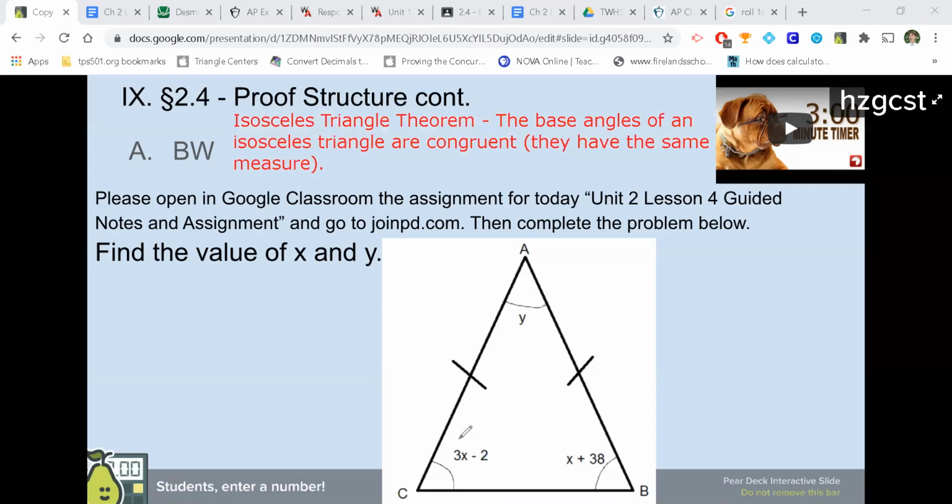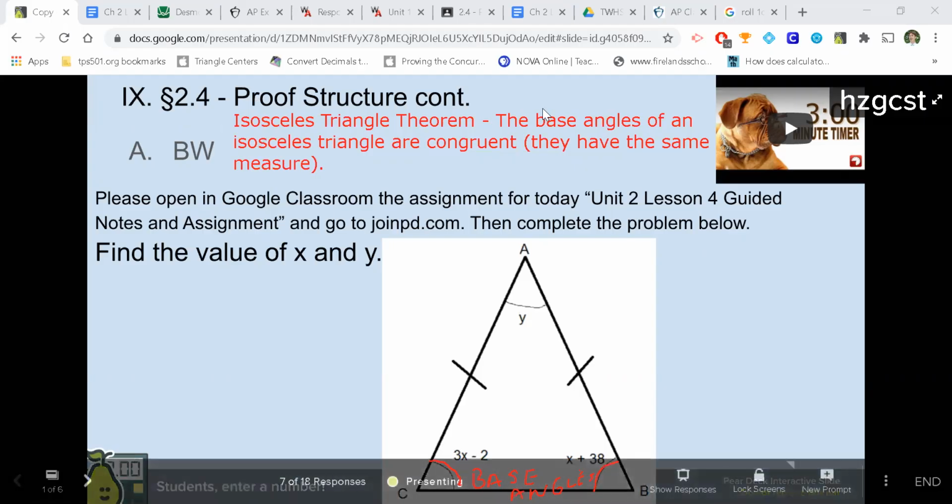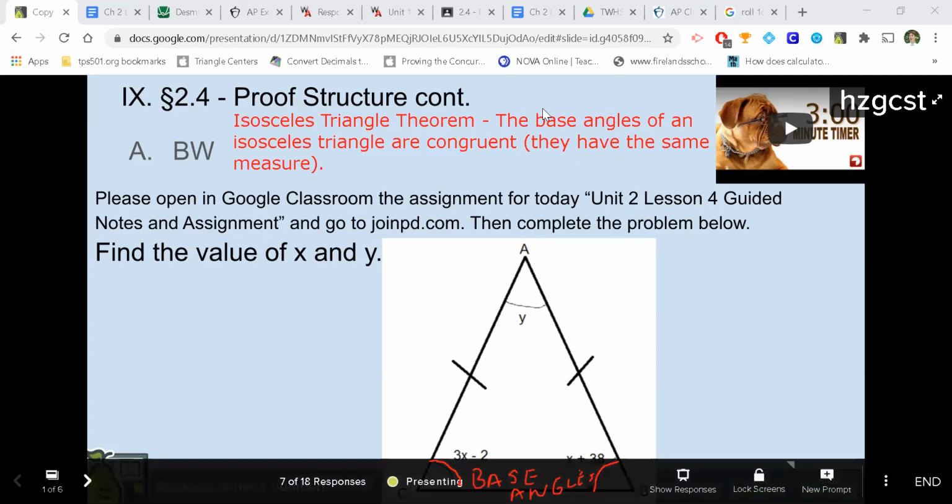So since this is an isosceles triangle, these two angles down here are my base angles. Remember, the base angles are the angles that are not between the congruent sides. So y is between these two congruent sides, so it is not a base angle. The base angles are the other two. So the isosceles triangle theorem tells us that those two angles are congruent. They have the same shape and size.